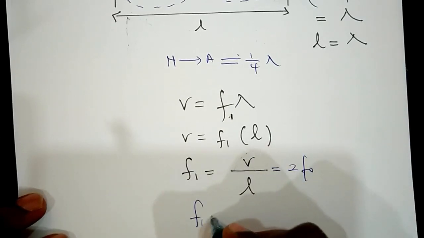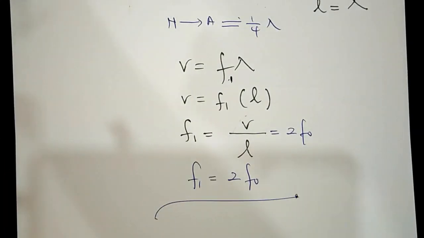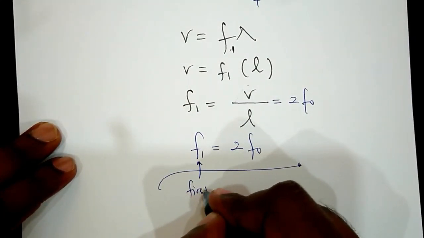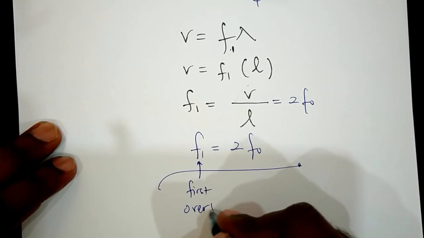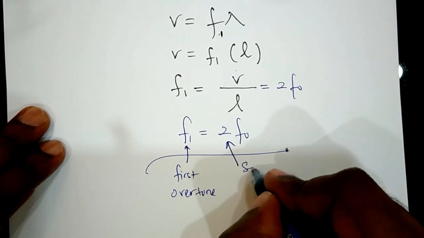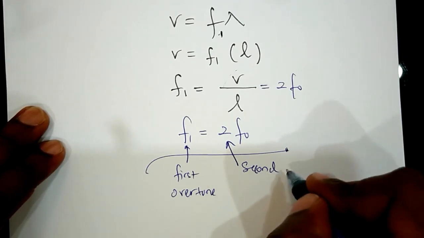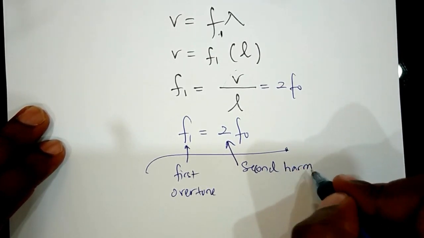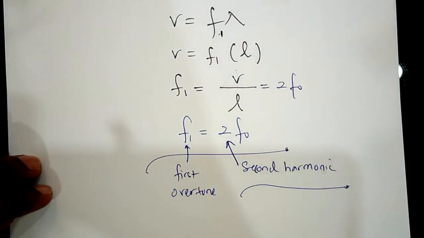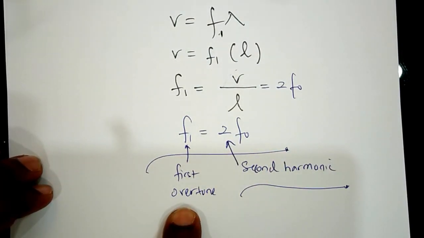So f1 equals 2 f0. So this is the first overtone, or second harmonic. So these two here form the second harmonic for the first overtone.